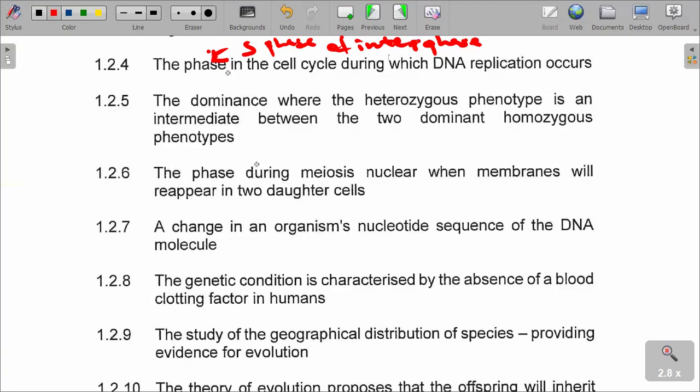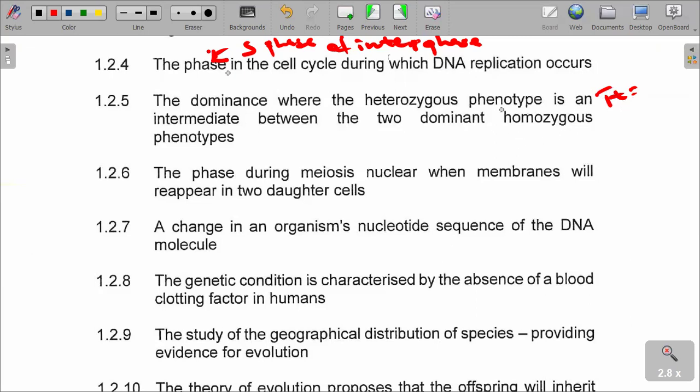The dominance where the heterozygous phenotype is an intermediate between the two homozygous phenotypes. I'm sure you remember that we talked about these genetic terminologies. Heterozygous is where we have got a dominant and recessive allele.